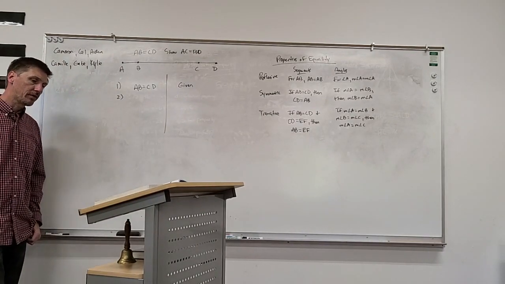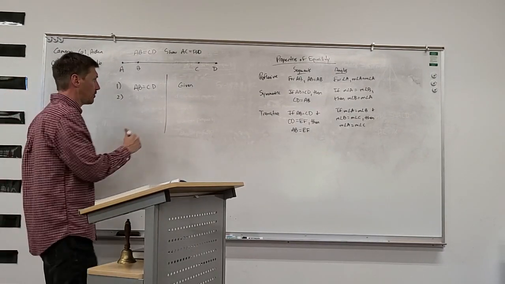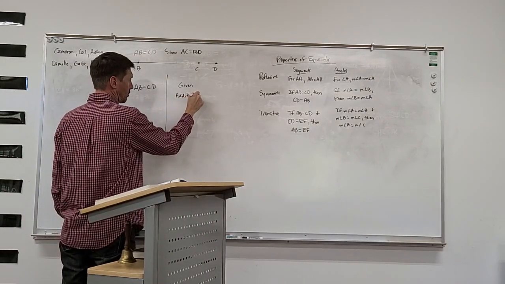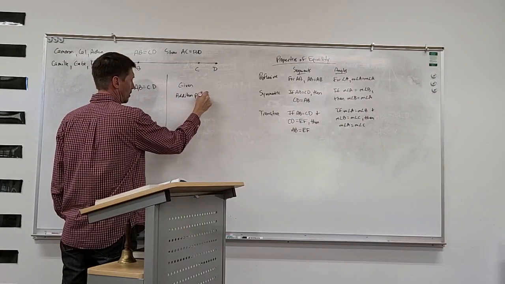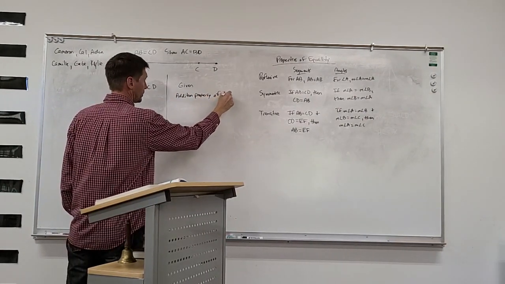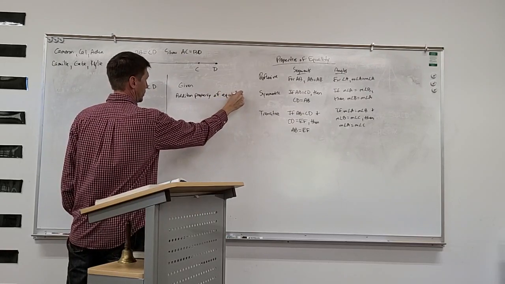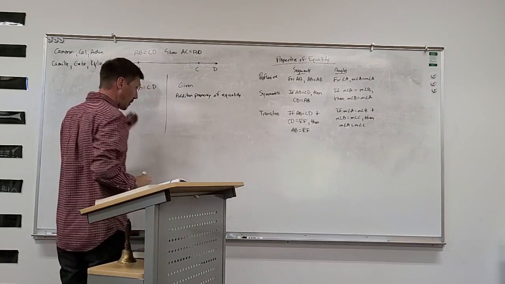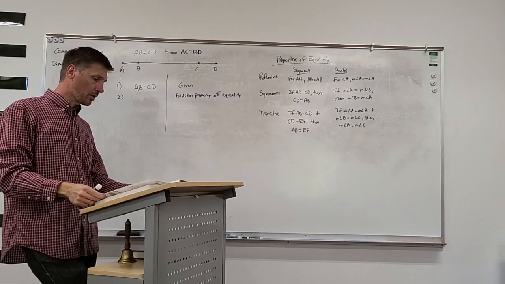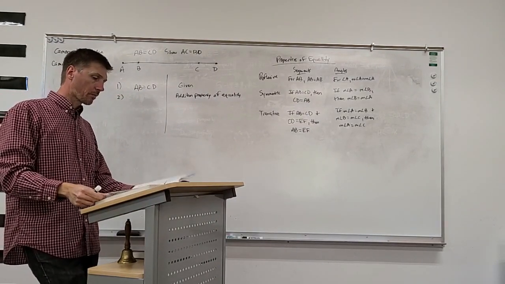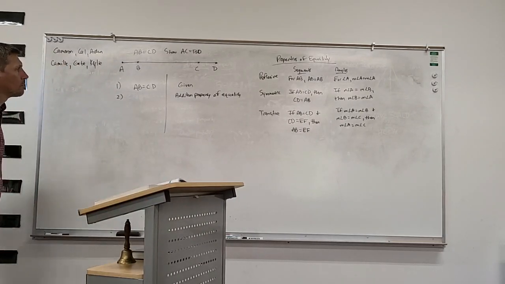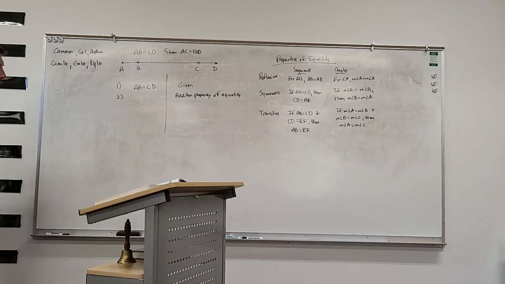Now we're going to have to go back to something that we've learned previously, which is the addition property of equality. That's what we learned at the beginning of the chapter, right?